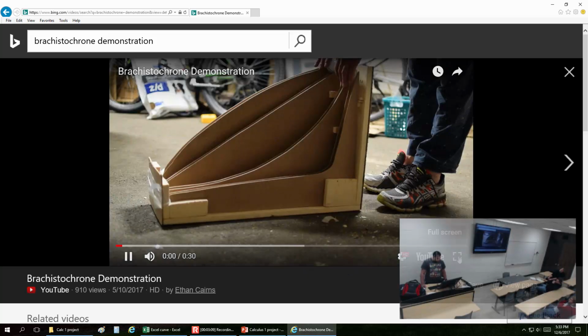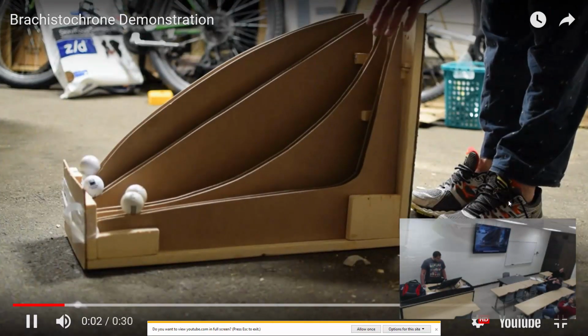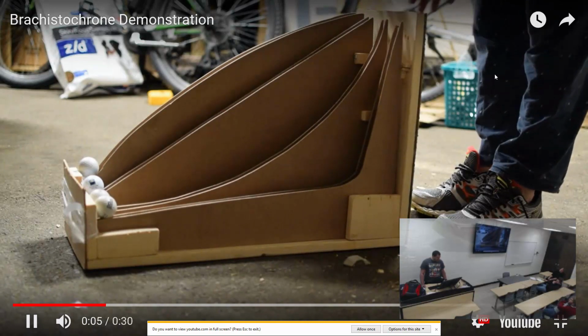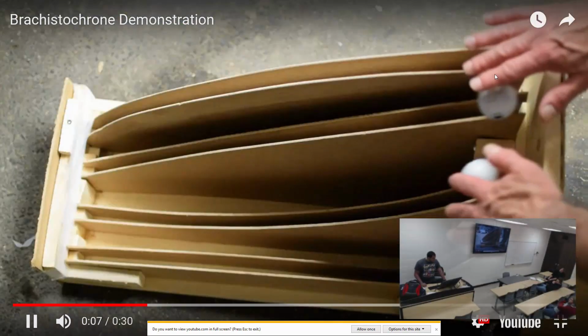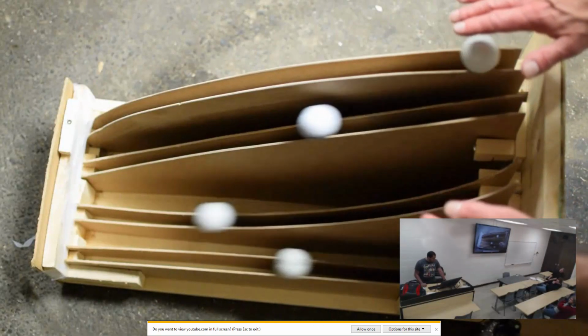So like you said, they made the curve there. Overhead demonstration as well. That's the motion.